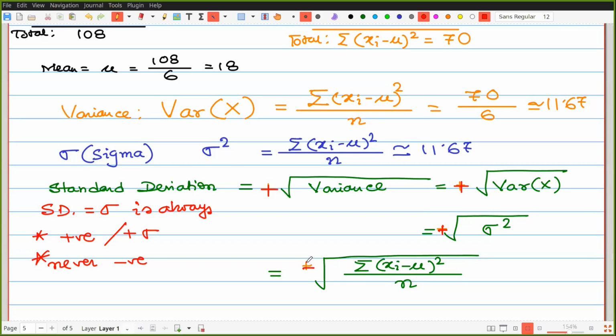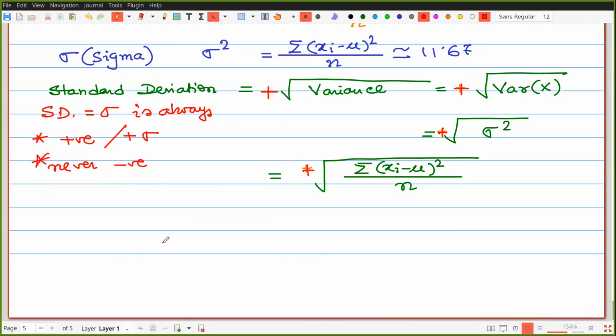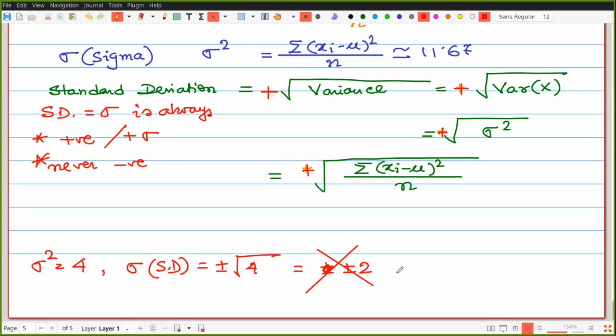So that's why we have always written the plus sign here. Suppose any variance has been found, sigma square is 4. If we write the standard deviation as plus minus square root of 4, and say okay, that is plus minus 2, that is wrong. Always plus 2, never minus 2.